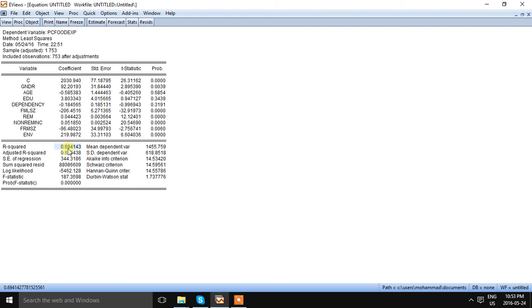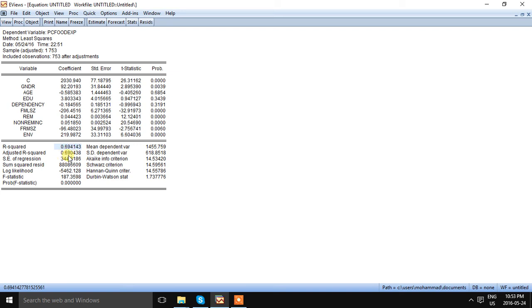In general, and I am giving emphasis on the words in general, the higher the R squared value, the better the model fits with the data. Again, it's important, it's a general statement. There are some explanations and a lot of issues associated with that.